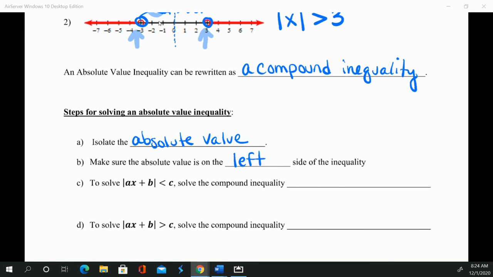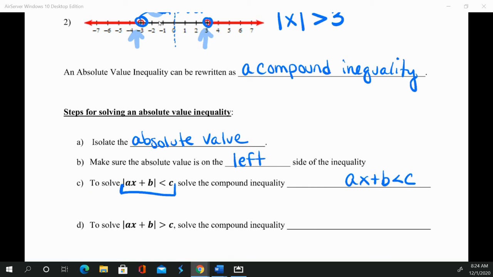For less than c, we want to set it up as an and compound inequality. So set up the right side. Ax plus b is less than c, right? That's what's given without the absolute value.